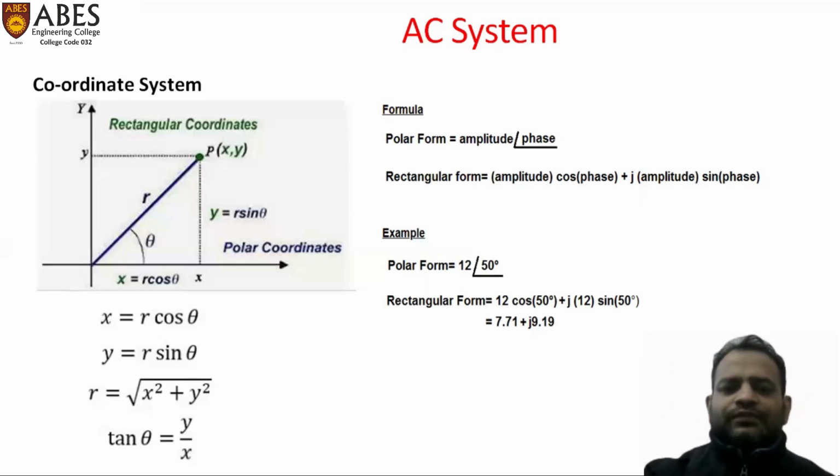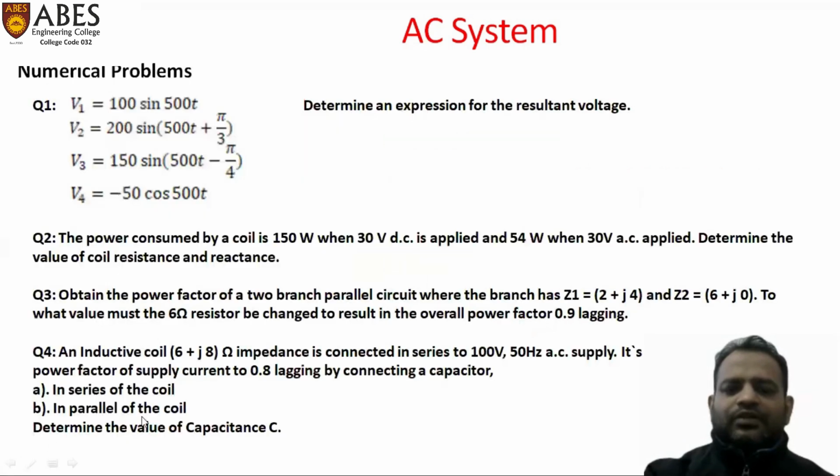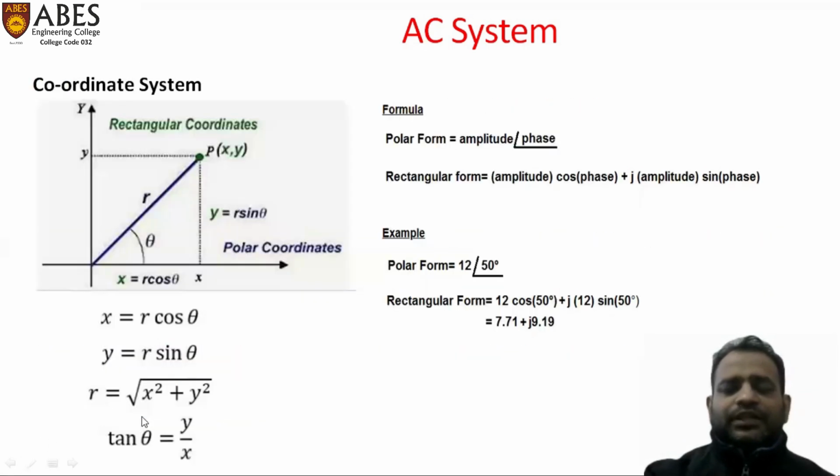Now, the topics which are discussed in the unit: first we discussed AC excitation on purely resistive, purely inductive, and purely capacitive circuits, then the combinations RL, RC, and RLC.